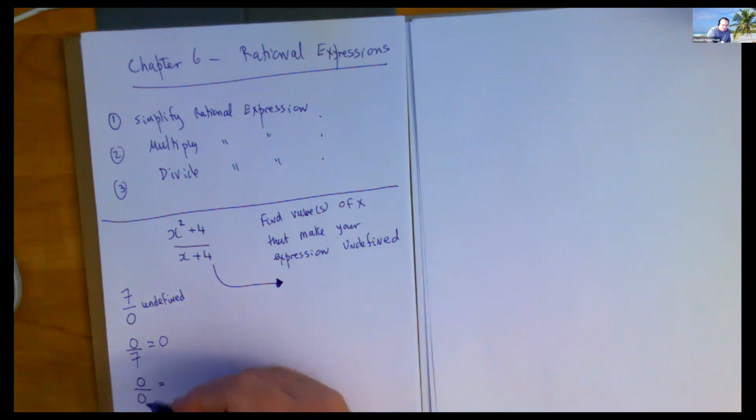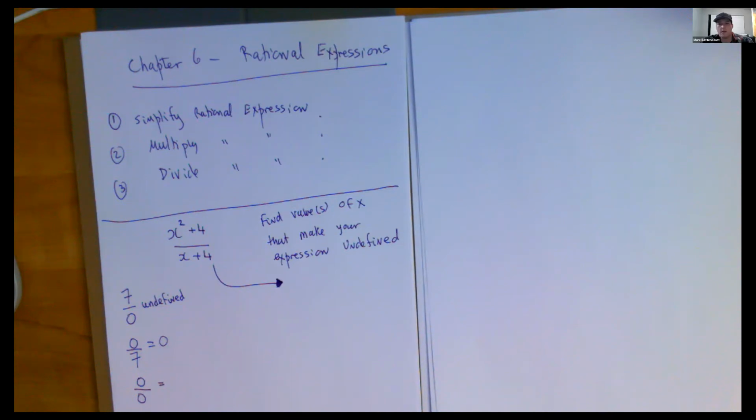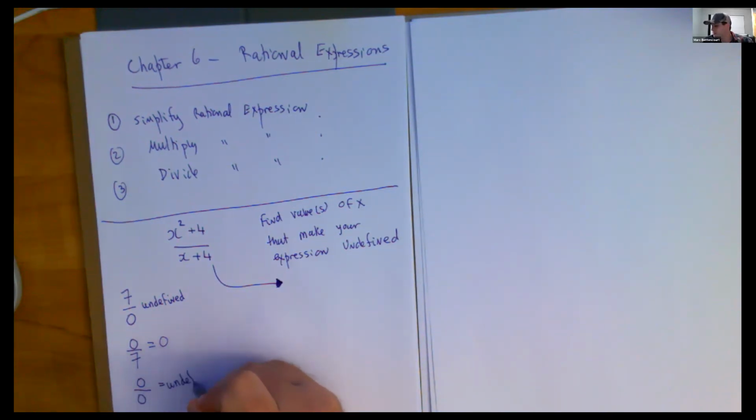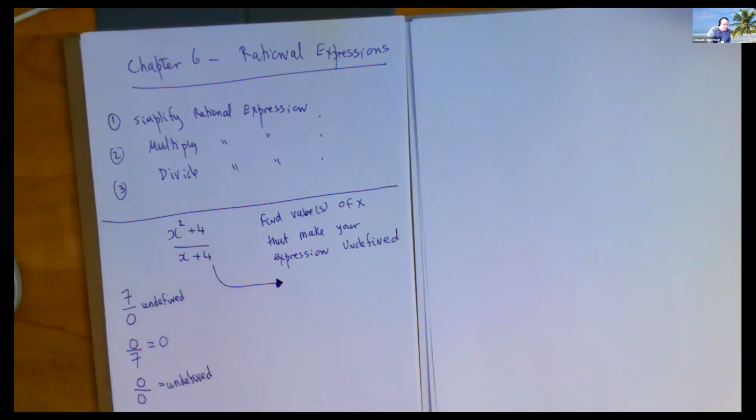What do you think that is equal to? And it's a guess, I know, because you've probably never seen it before. But what's your gut feeling about what it might be? Undefined. Yes. And what that is telling us is that 0 on the bottom is the most important thing. I don't care what you put in the top, you're never going to fix 0 on the bottom, right?